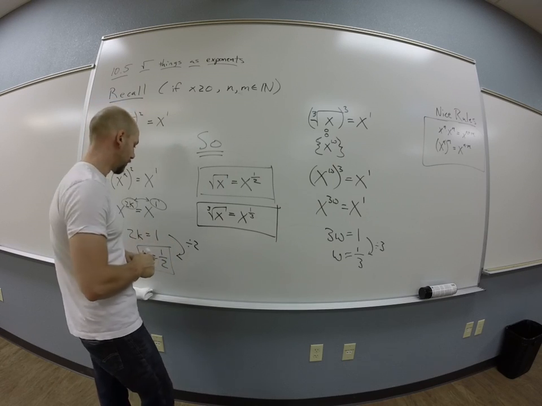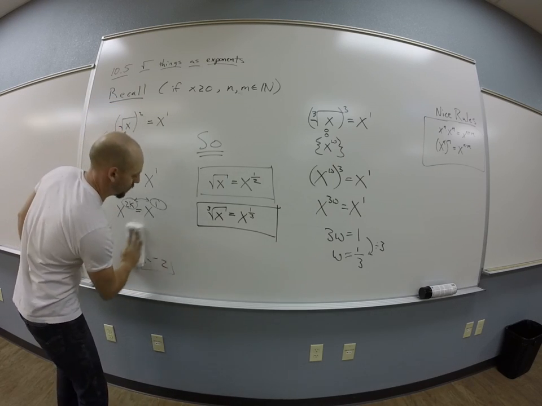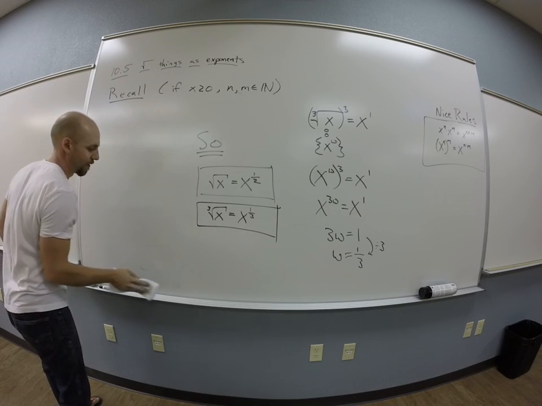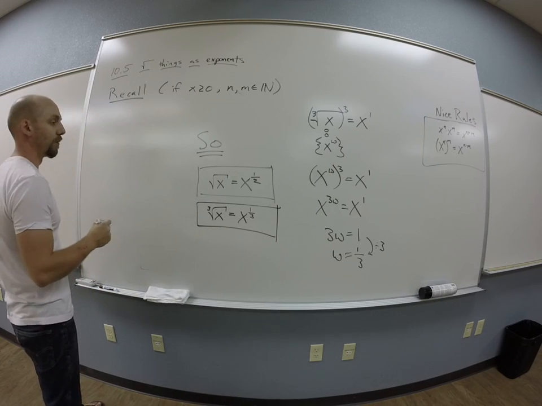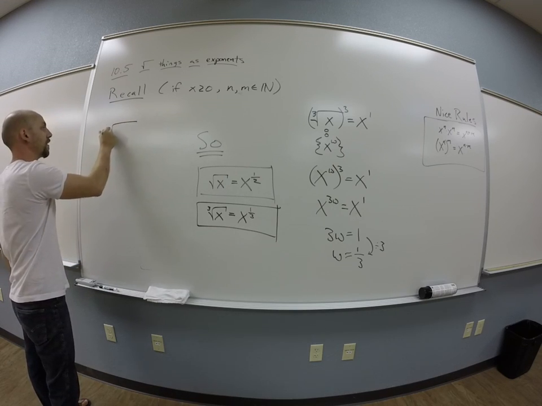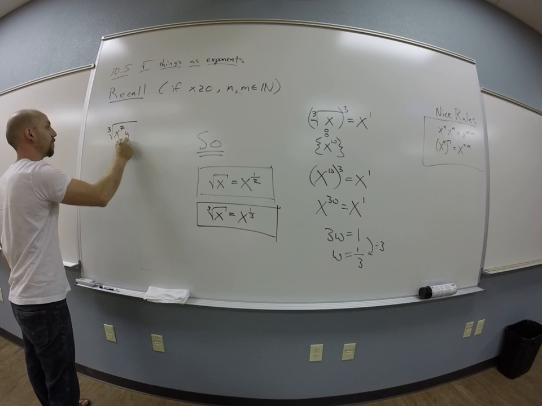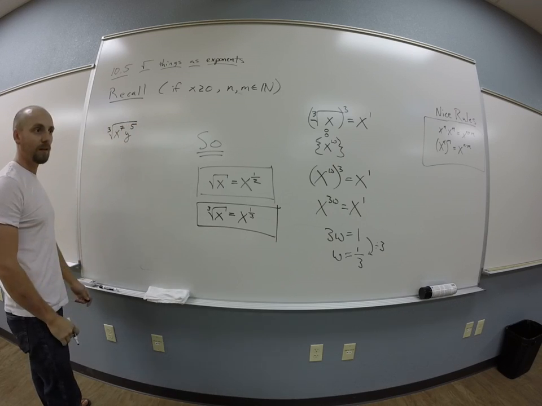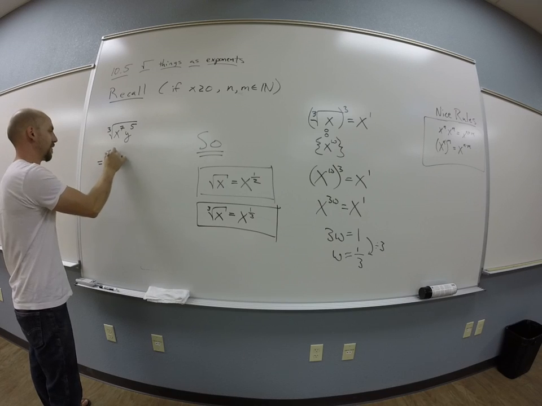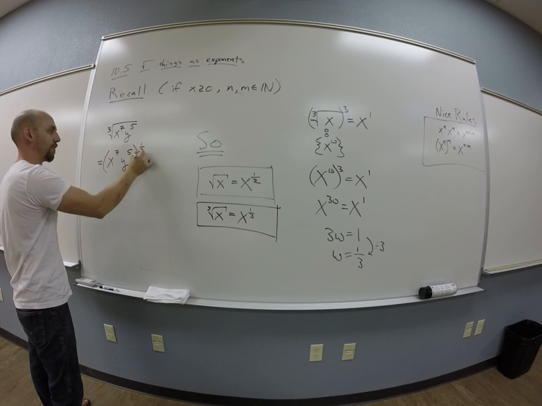So if we go back to some of those nasty examples we were doing, some of our examples in class looked like this. We had, take the cube root of x to the 7th, y to the 5th. Really, we could say this is x to the 7th, y to the 5th, all raised to the 1/3 power.